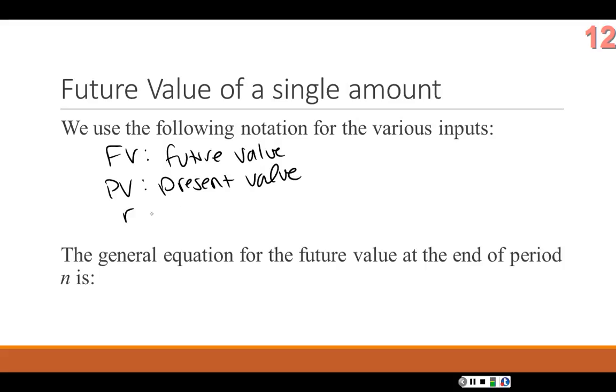R or I, some calculators use R, some calculators use I, some books use R and some books use I, so if you see R or I, they're both the interest rate. And N is the number of periods.